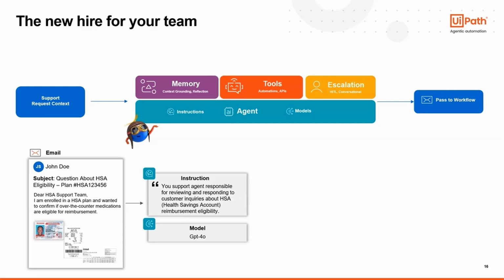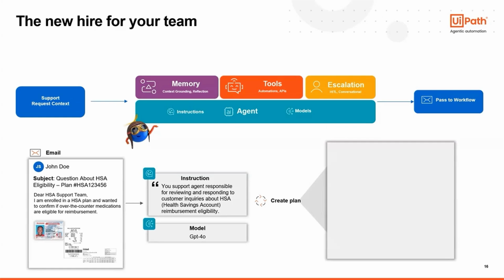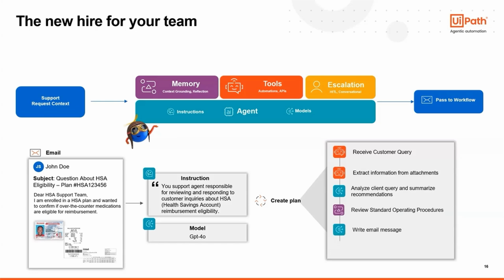It's going to leverage that large language model we have configured to create a plan and perform the task of determining if an expense is eligible under the existing HSA plan, and then create the steps to execute based off of that request. In our case, this could be receiving information from the attachments, analyzing the client query, reviewing and comparing it against the standard operating procedure, and then actually drafting an email to respond back to the customer with.